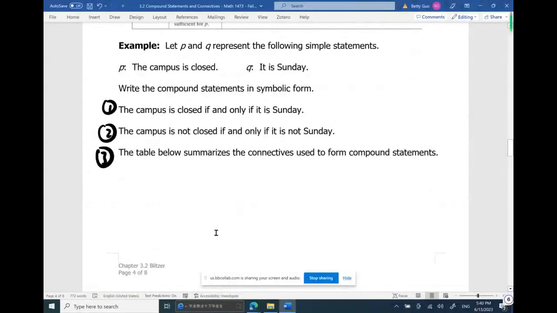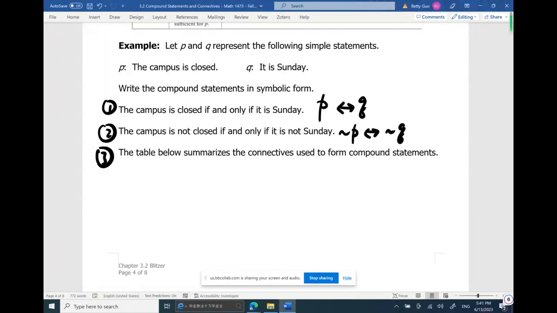The first one: the campus is closed if and only if it is Sunday. The campus is closed, P, if and only if it is Sunday, Q. Number 2, the campus is not closed, so not P, if and only if it is not Sunday, not Q.